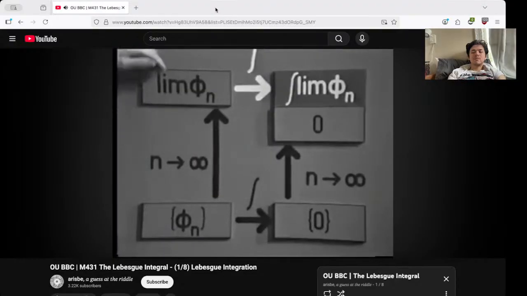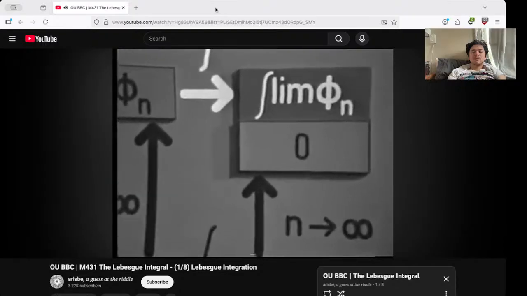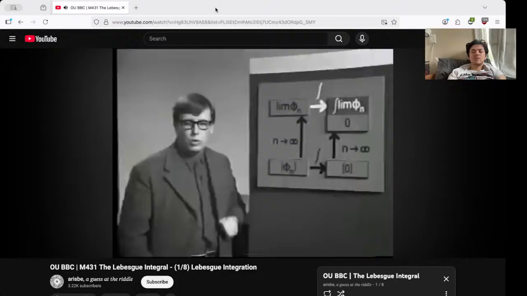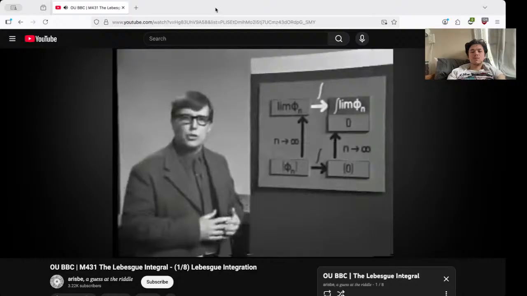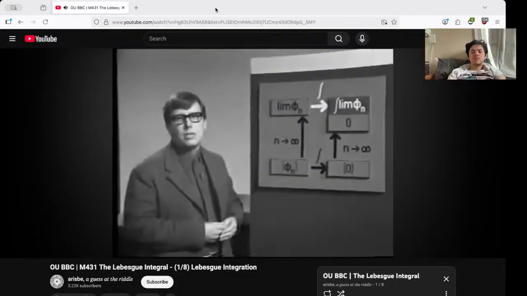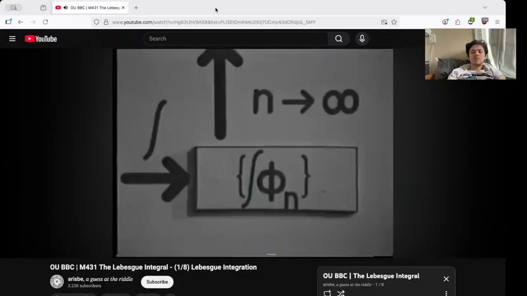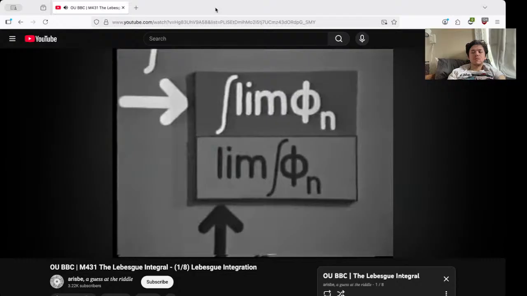What Alan showed was that this function we've got at the top was not Riemann integrable, so that we could not go across the top of the picture, but that he suggested that we ought to be able to, and to do it in such a way that the integral of the limit was this value here. Well, our Lebesgue integration definition will do just that for us, but it won't just do it for this very specific function. It'll do it for any function whatsoever which happens to be the limit of a sequence of functions, provided each function in that sequence has an integral, and provided that the sequence of integral values converges.